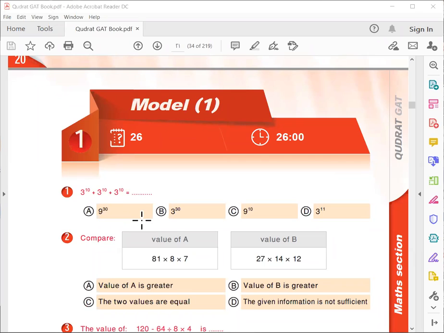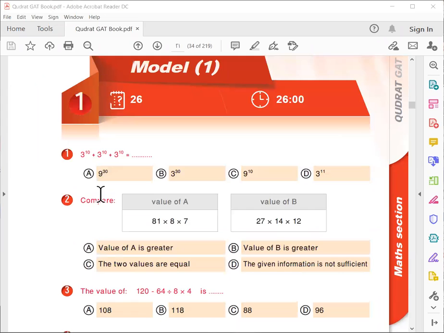So how do I solve the problems here? The first one: 3 to the power 10 plus 3 to the power 10 plus 3 to the power 10. Here you must think about what the sign is. Here it is addition.